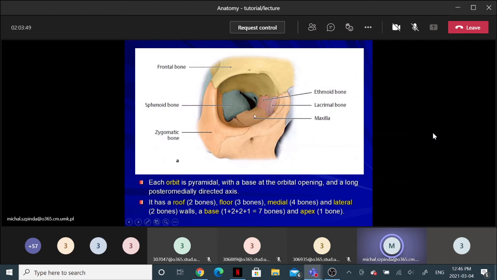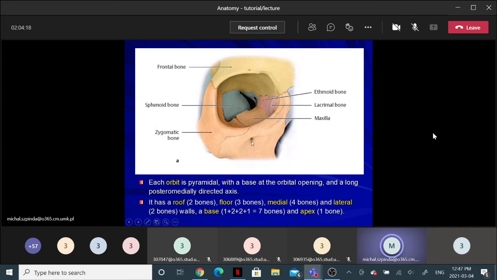And on the inferior surface of the orbit, we can see the infraorbital sulcus that deepens forwards and finally forms the infraorbital canal, ending in the infraorbital foramen.